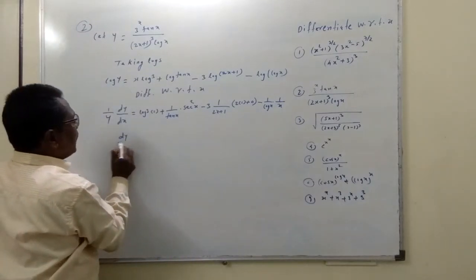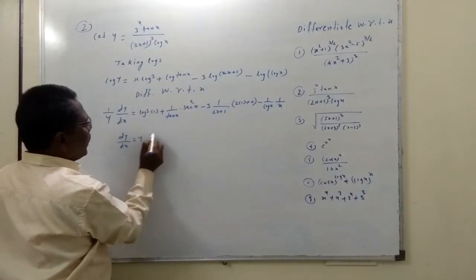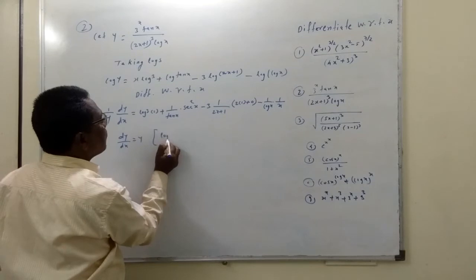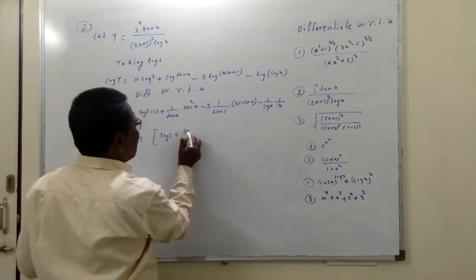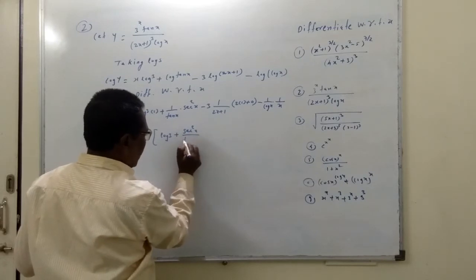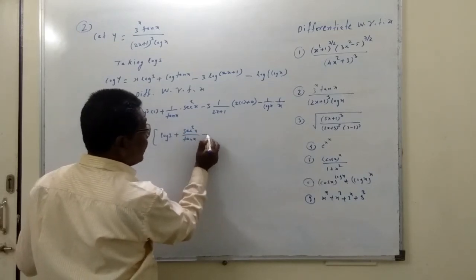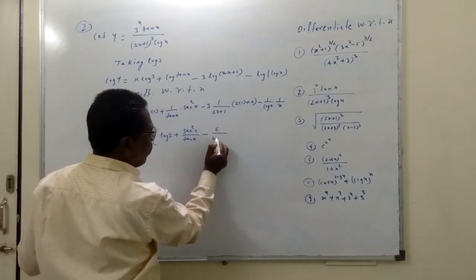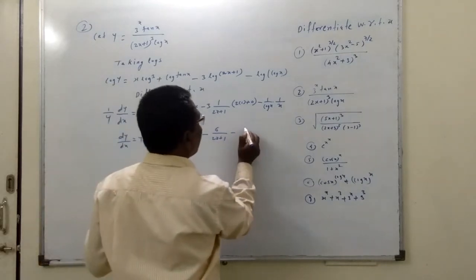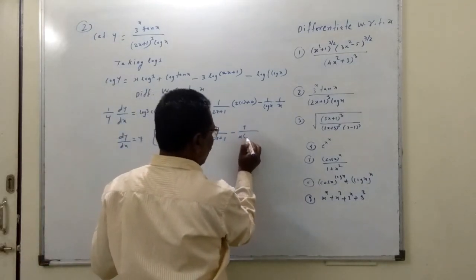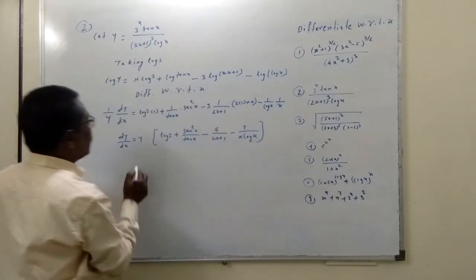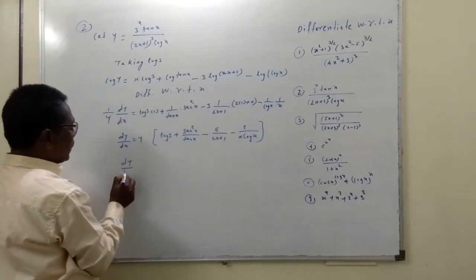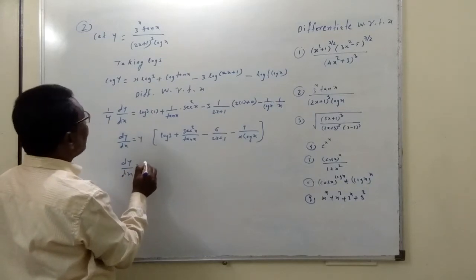So dy by dx equal to y into bracket log 3 plus sec square x upon tan x minus 3 into 2 is 6 upon 2x plus 1 minus 1 upon x log x. So dy by dx equal to, now we introduce the value of y.